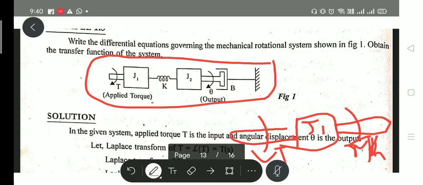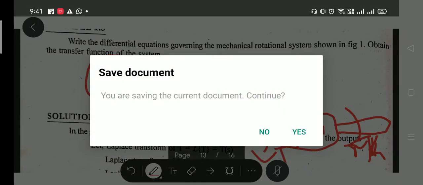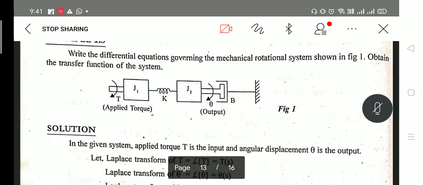Only two are connected to Tk. Don't forget Tj1. These two are connected with J1.